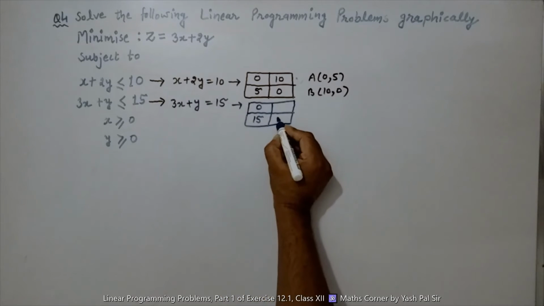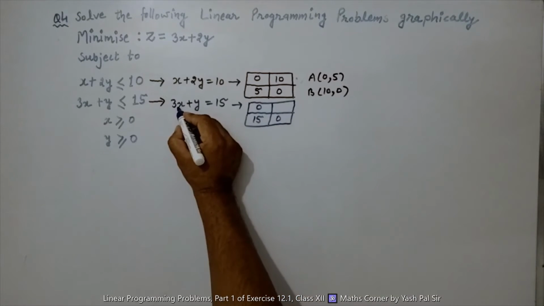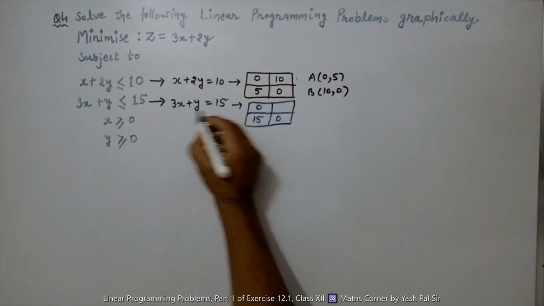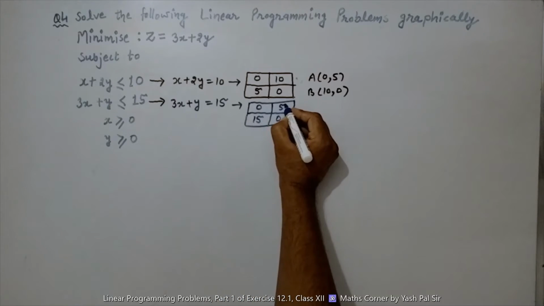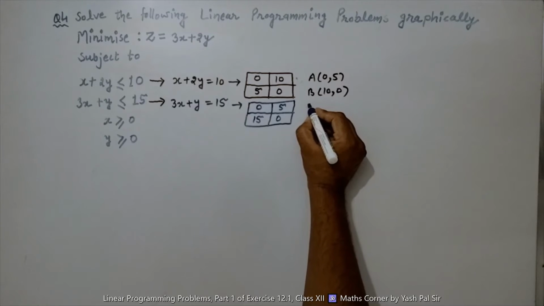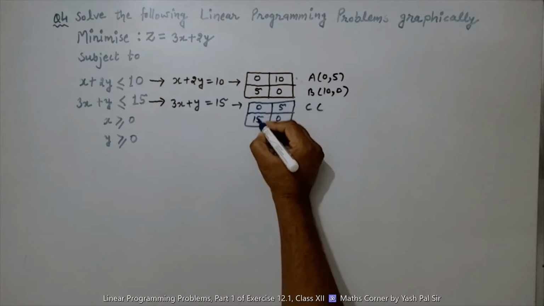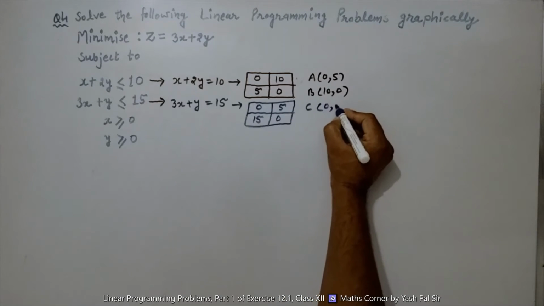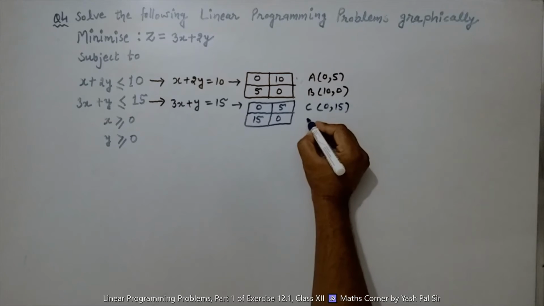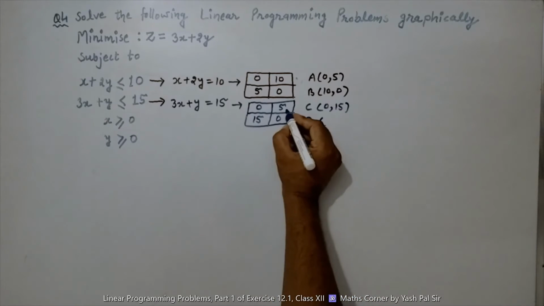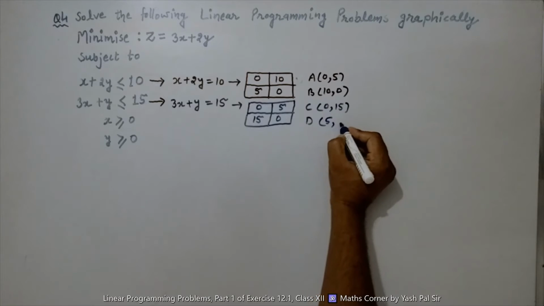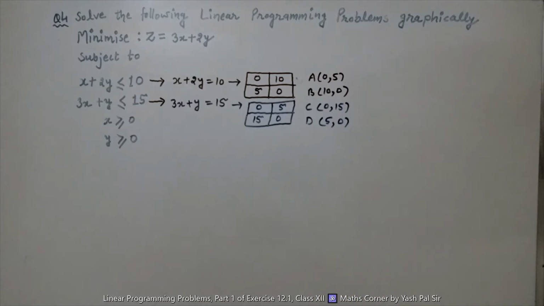If we put y is equal to 0, then x becomes 15 upon 3, that is 5. Therefore, point C is x is 0, y is 15. Point D is x is 5, then y is 0. Right? Now we draw this on the Cartesian plane.